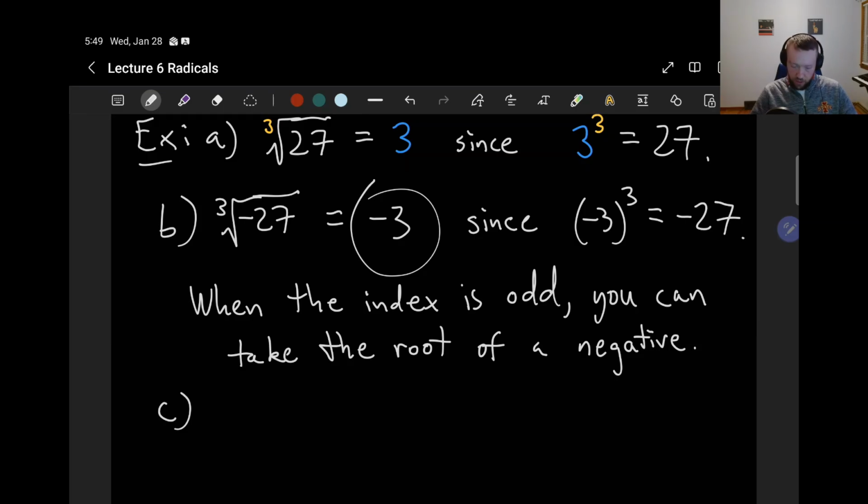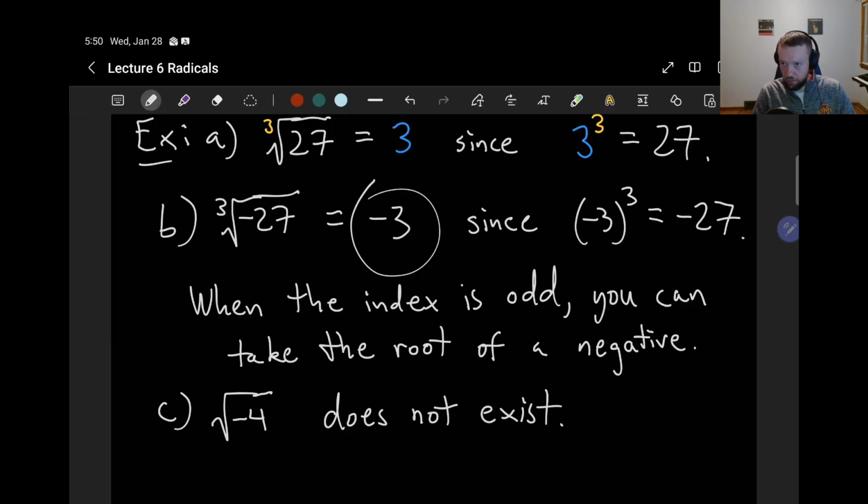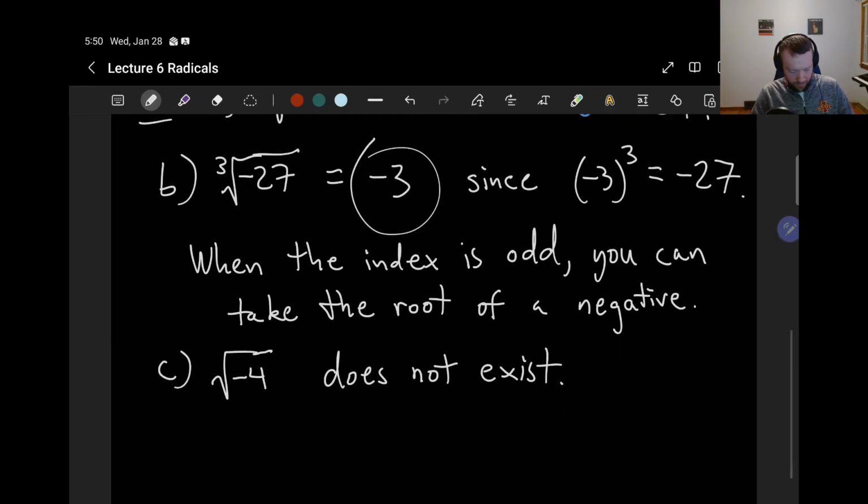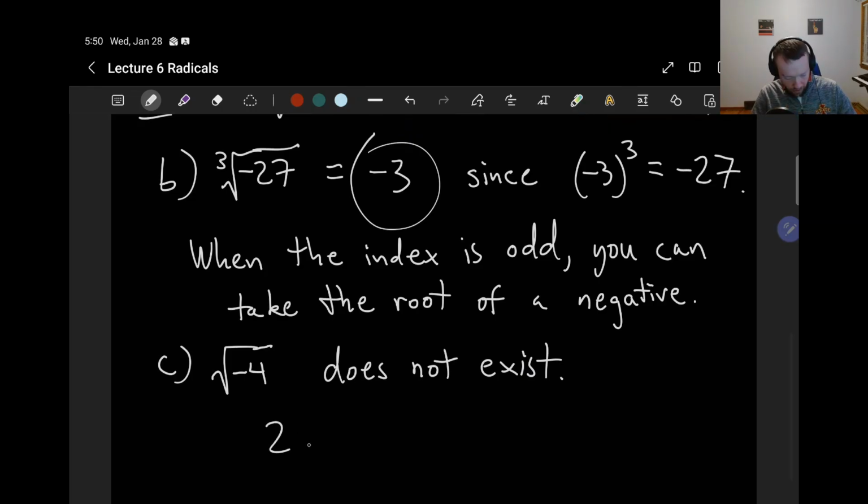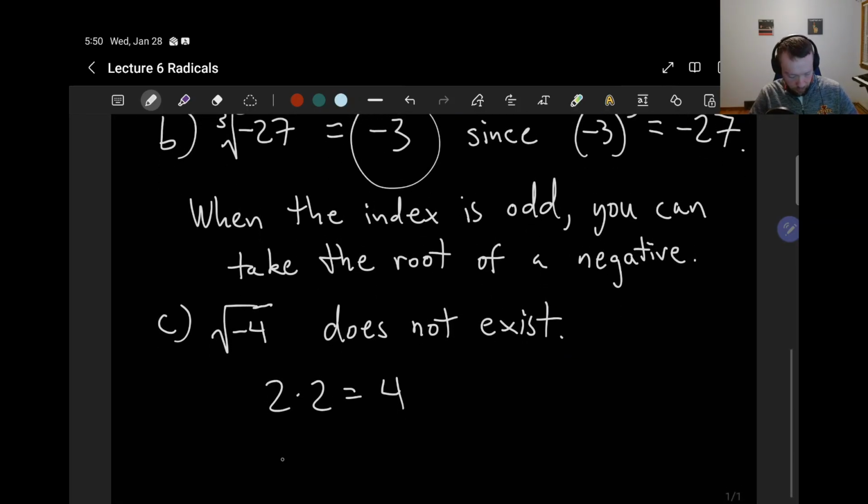Okay, now where this will be an issue is if I say take the square root of -4. Remember, since I've written no number as the index, that means that the index is 2. It's a square root. So that means it's an even index. This does not exist. At least not as a real number. Because if I try to multiply 2 by itself, that gets me +4, not -4.